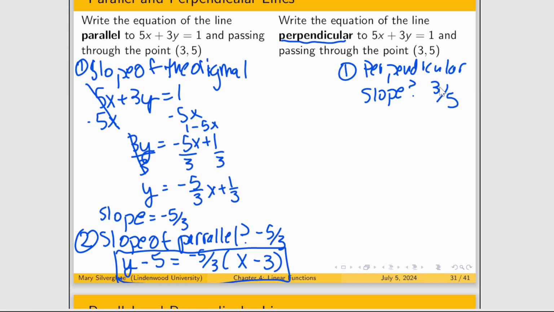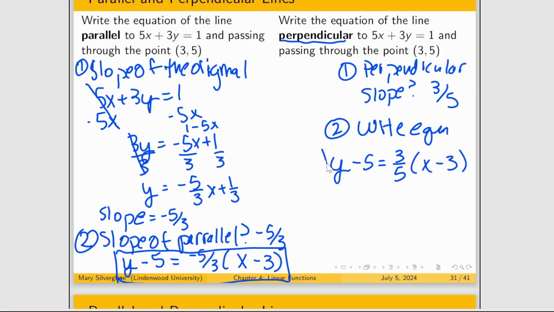We find the opposite reciprocal. Now we actually write the equation. And this time it's through the same point. So we're doing y minus 5 again equals, now we have a new slope, positive 3/5, parentheses, x minus 3 in this case. And that is the perpendicular line.